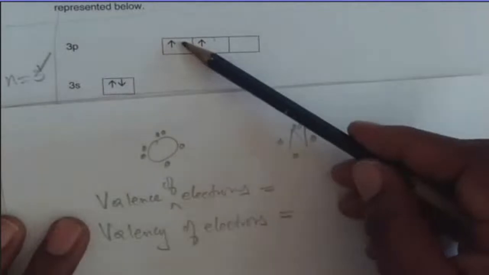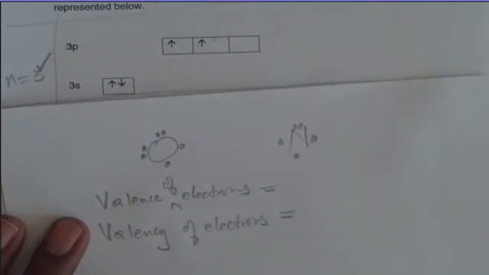To define the valence electrons, you are saying electrons in the outermost energy level of an atom.